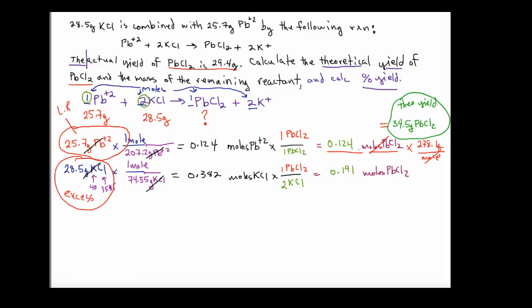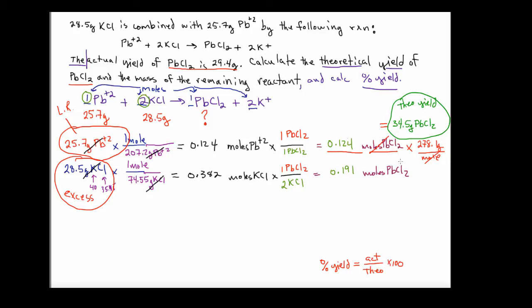Now, we can go ahead right now at this juncture and calculate our percent yield. And remember, maybe I'll put it down here out of the way to remind the viewer, our percent yield is going to equal the actual yield, I'll abbreviate it ACT, over the theoretical yield times 100.